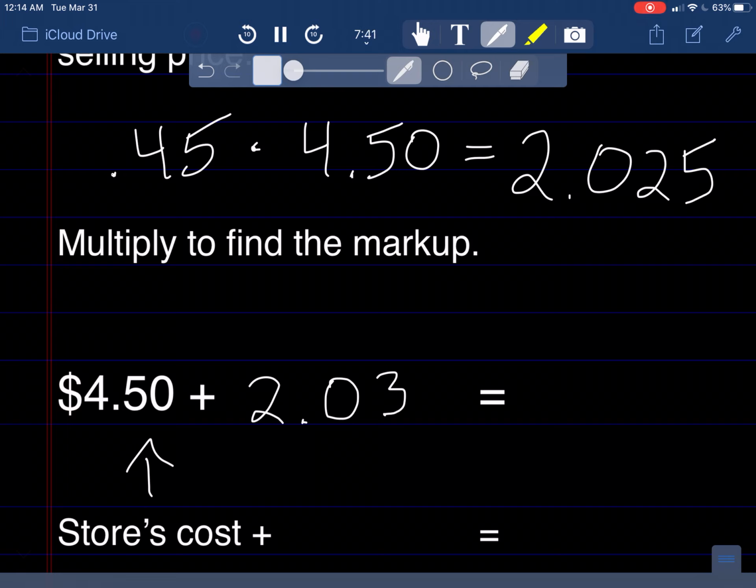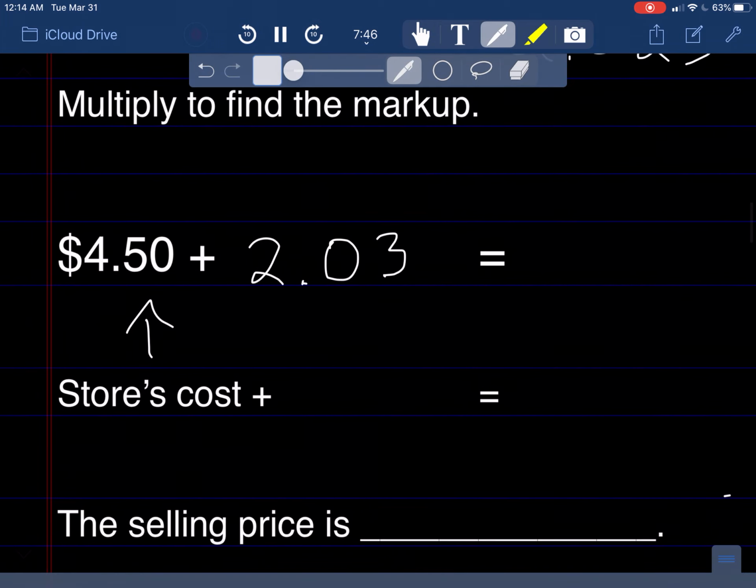Pause the video for a second to figure that out. Hopefully you paused it and did it. You should have gotten $6.53. Okay. Now to put this into words, we have the store's cost plus the markup. This is to the right of what we just did.